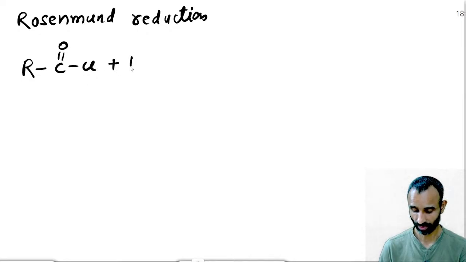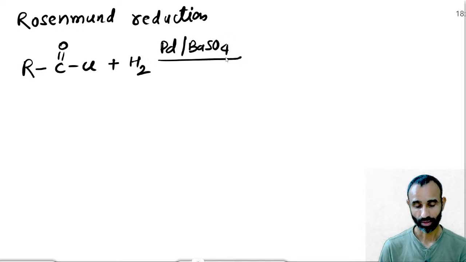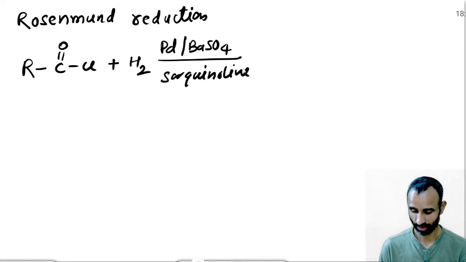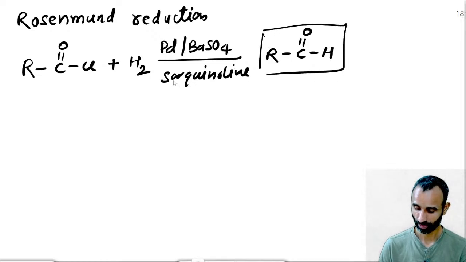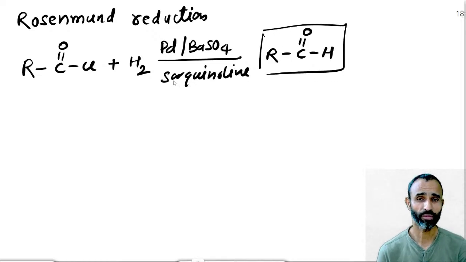We treat it with H2 in the presence of palladium and barium sulfate, or sometimes sulfur or quinoline is also used as poison. So partial reduction takes place and we get aldehyde.